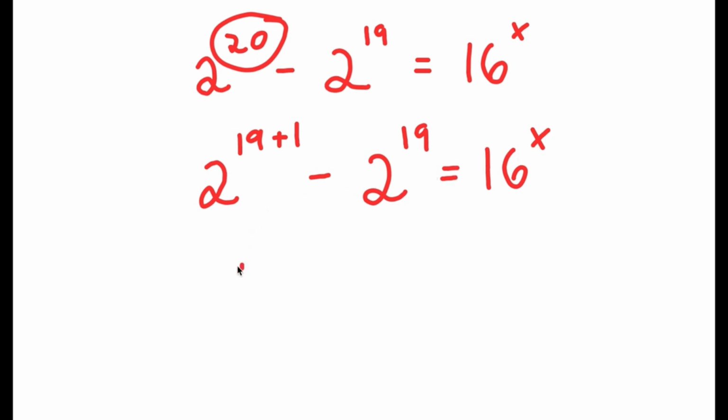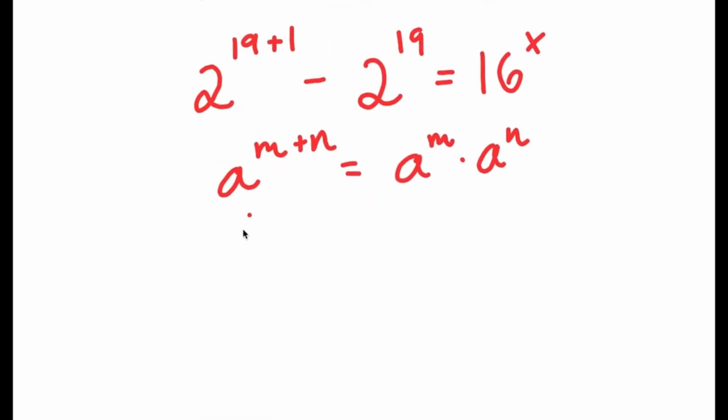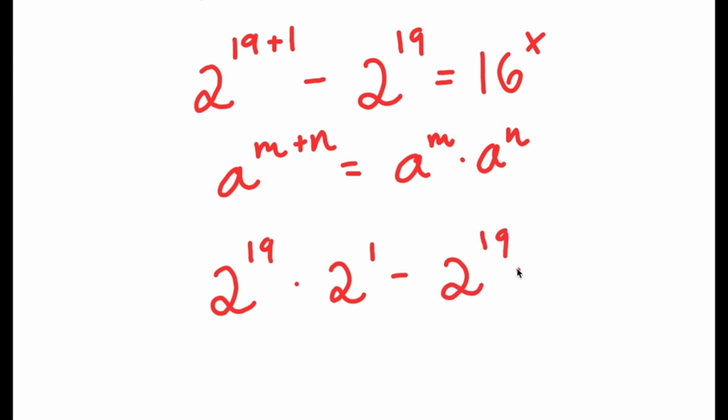Now, if I have something in the form a to the power of m plus n, this is equal to a to the power of m times a to the power of n. So in this case, 2 to the power of 19 plus 1 is going to equal 2 to the power of 19 times 2 to the power of 1. Now I have this minus 2 to the power of 19 is equal to 16 to the power of x.